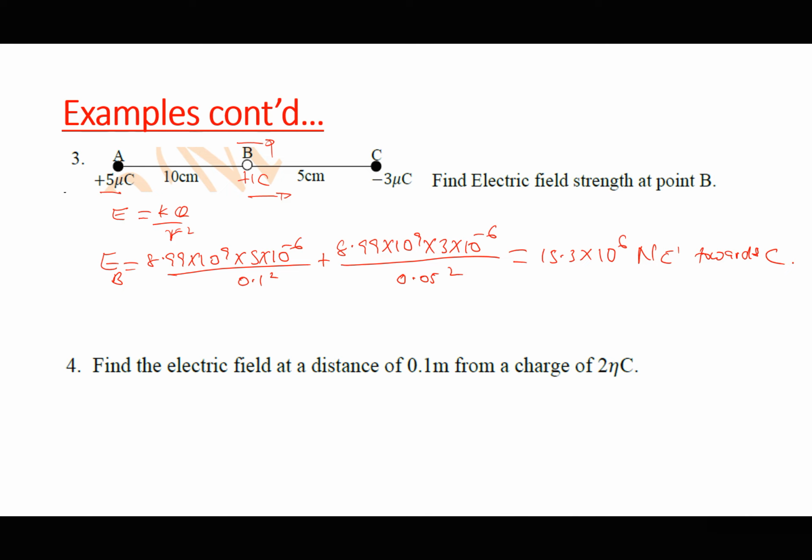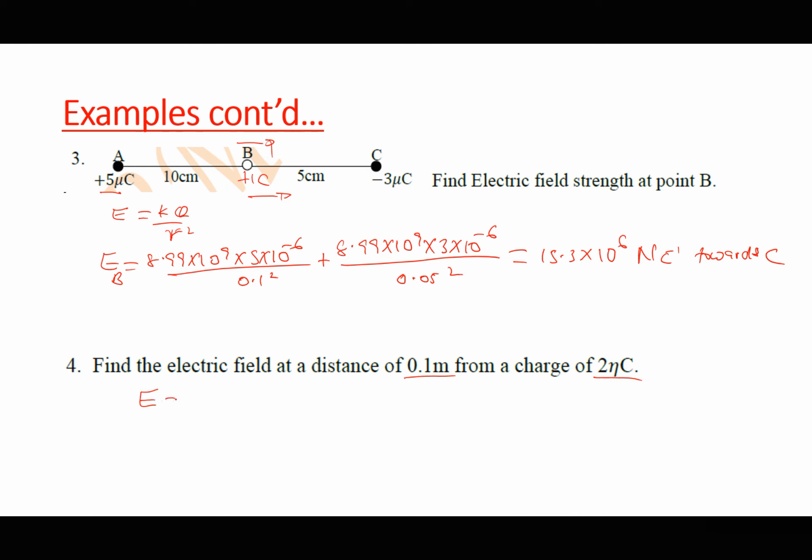One more last example so that you could be able to do the self-check. You should be able to do a self-check at this point. Find the electric field at a distance of 0.1 meter from a charge of 2 nanocoulombs.